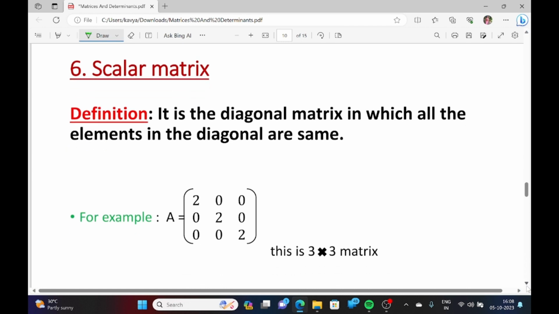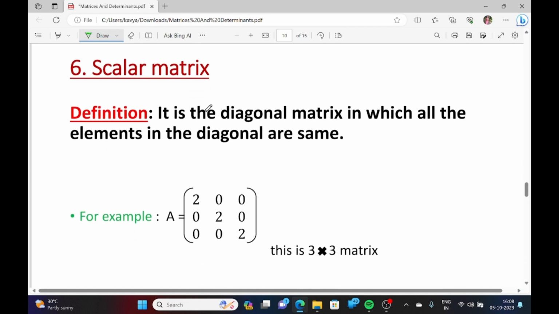Scalar matrix. A scalar matrix is a diagonal matrix. We know that, right? Diagonal matrix means except the principal diagonal elements, all the entries should be 0. In a scalar matrix, all the elements in the diagonal should always be the same.